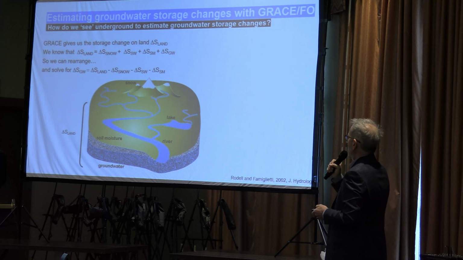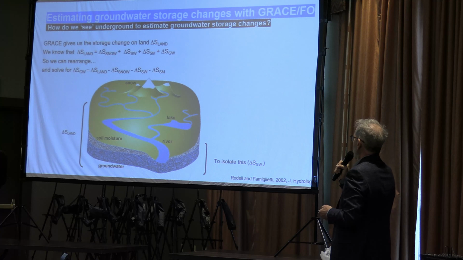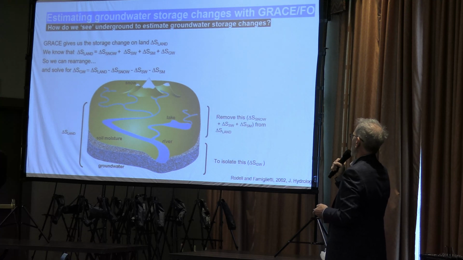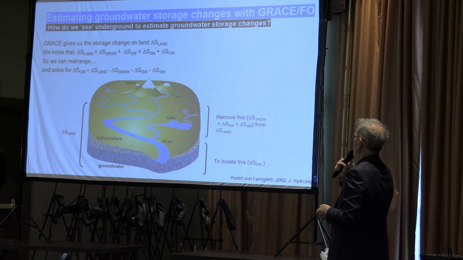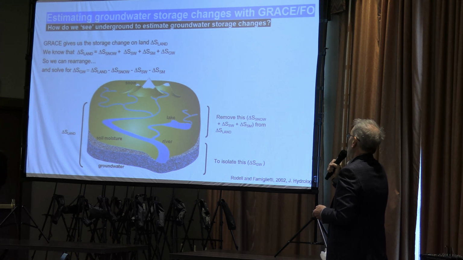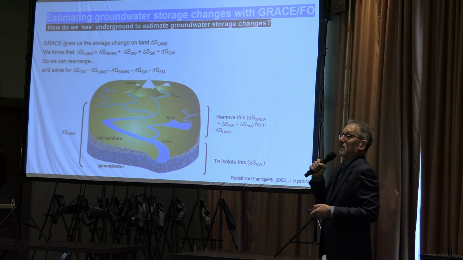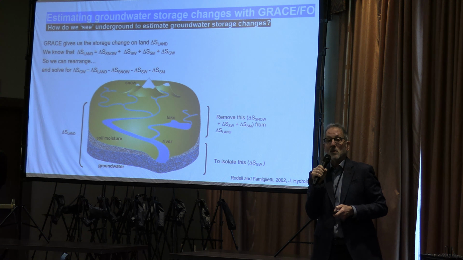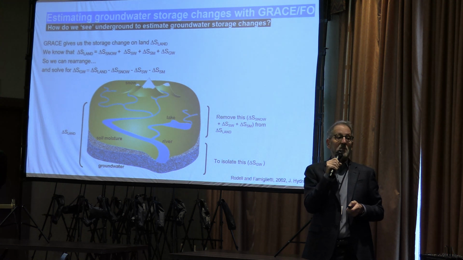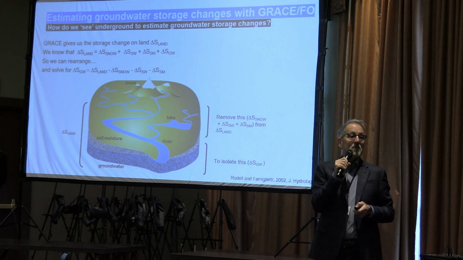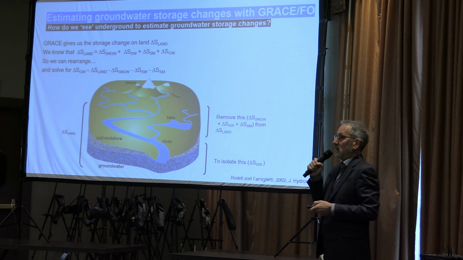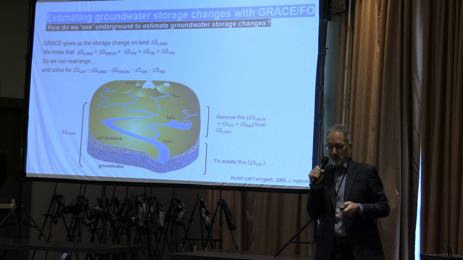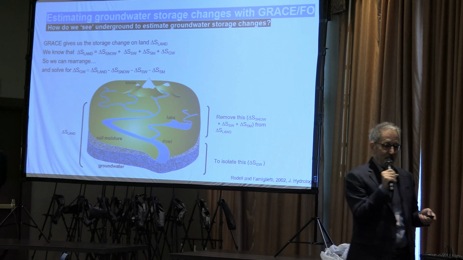So GRACE gives us that total change. If we want to isolate the groundwater, we have to remove that signal, the snow, the surface water, the soil moisture. And we do that by various means, it just depends on what data are available to us. If we have observations, we use observations. If things aren't measured, like soil moisture isn't measured that well, then we have to rely on models.